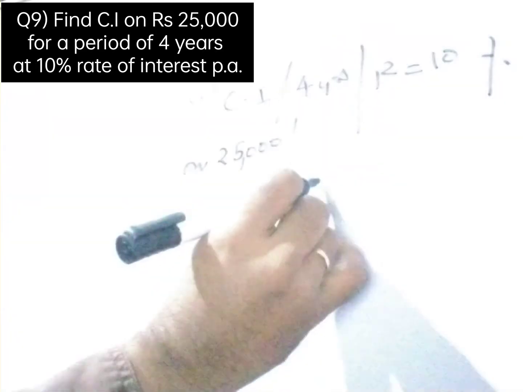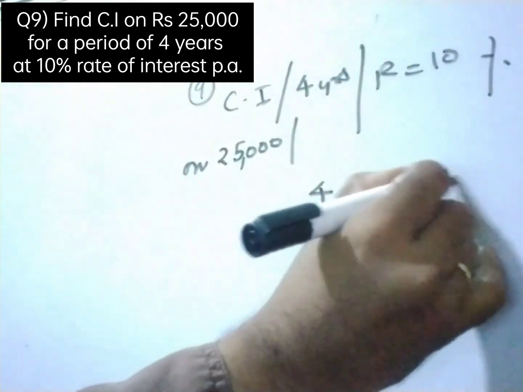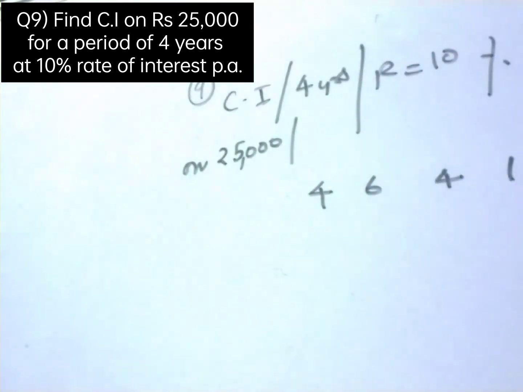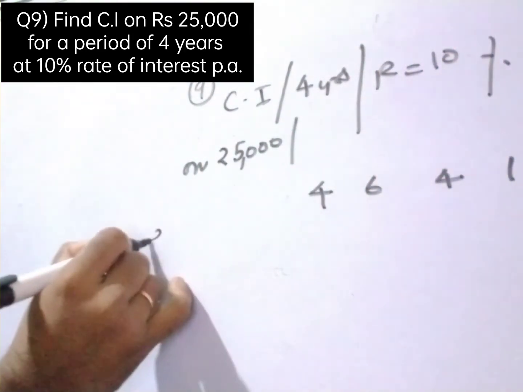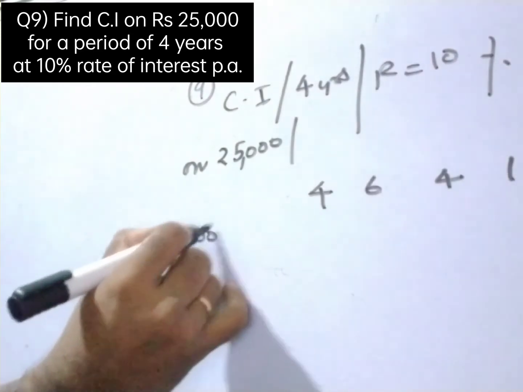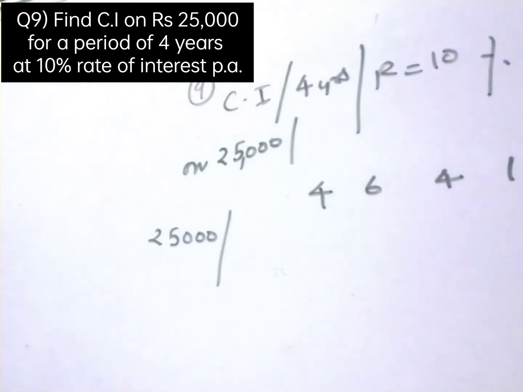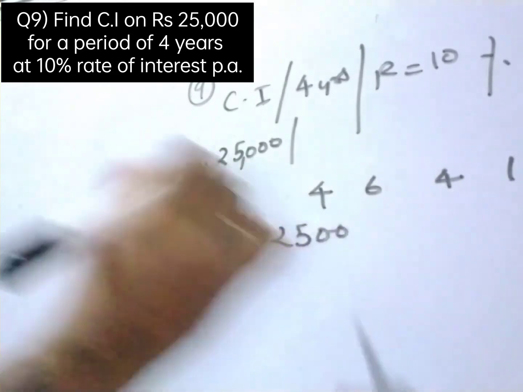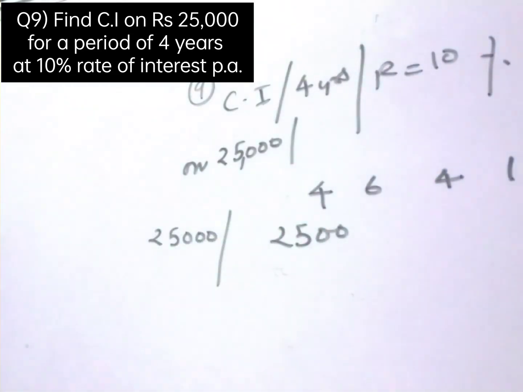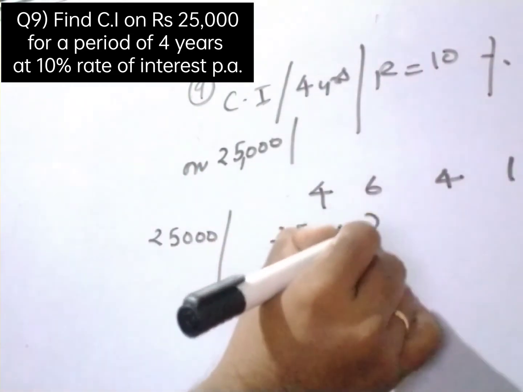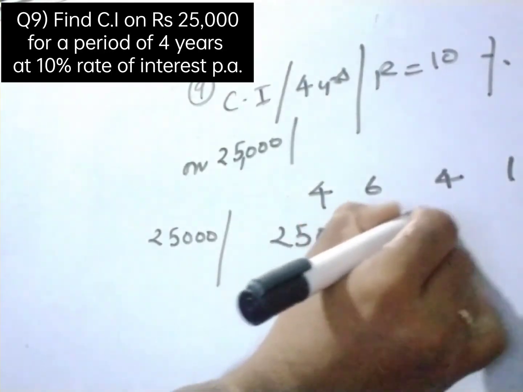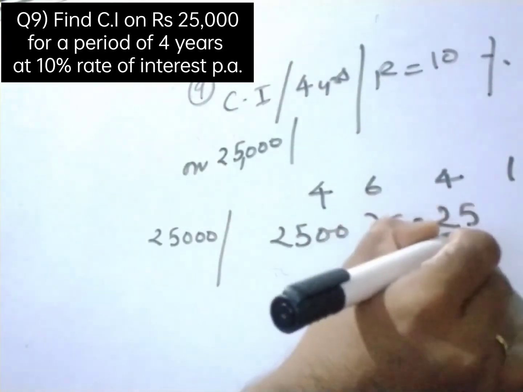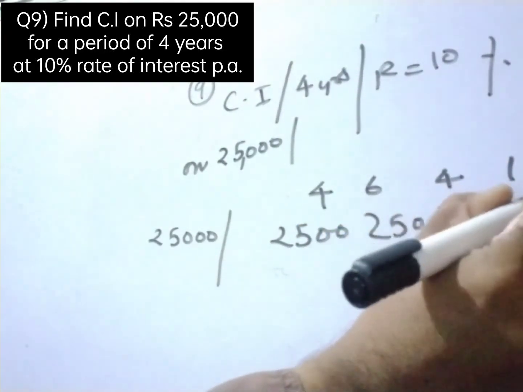So for 4 years we have to take 4, 6, 4 and 1. So for 25,000 rupees, 10% is 2,500. 10% on 2,500 is 250. 10% of 250 is 25. 10% of 25 is 2.5.